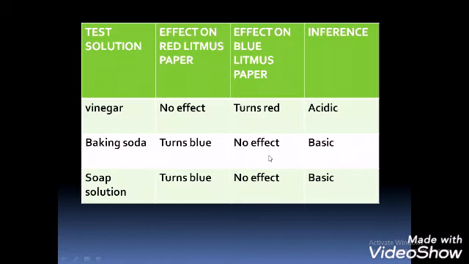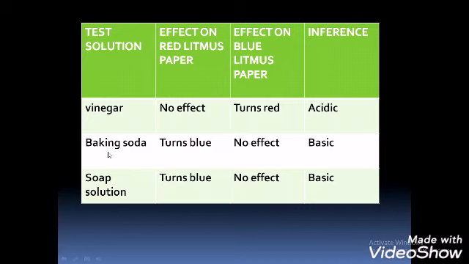From our activity we can say that vinegar, which we know is acidic, has no effect on red litmus paper. It turns blue litmus paper into red litmus paper.